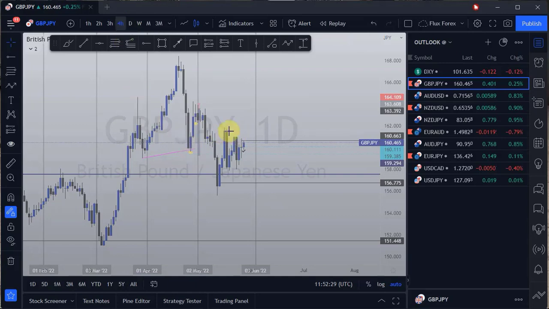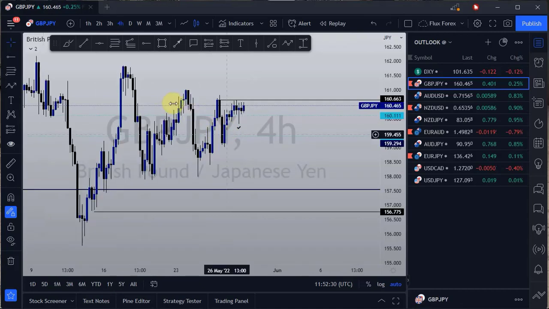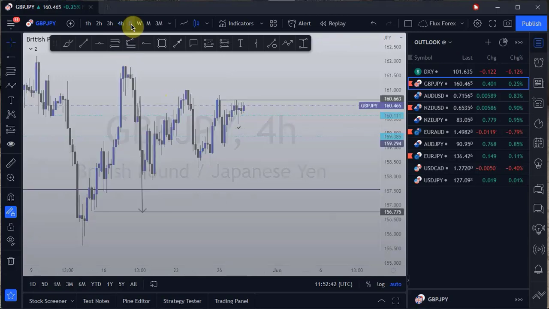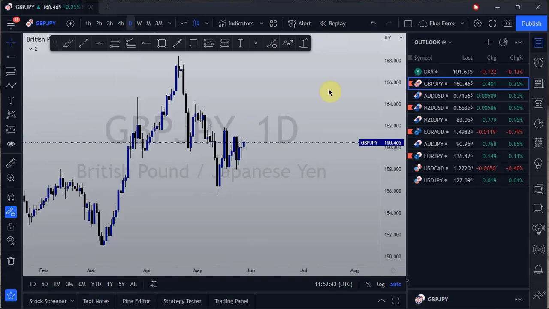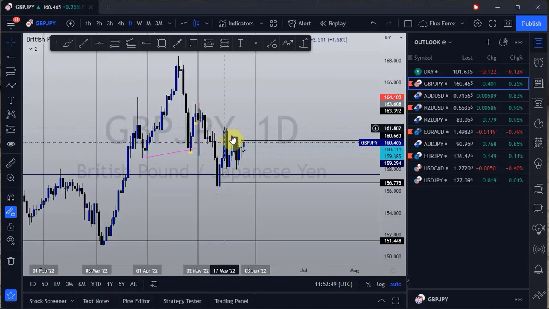All right, so far as this high hasn't been violated. Let's go back to the daily time frame and see things clearer for ourselves. So far as this high, or even this high in particular, hasn't been broken, I'm still bearish on GBPJPY.